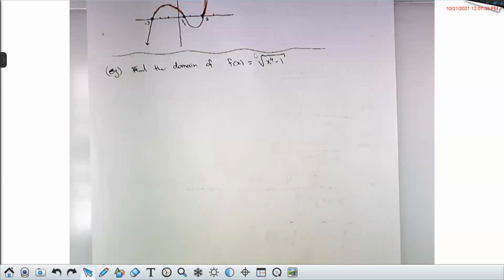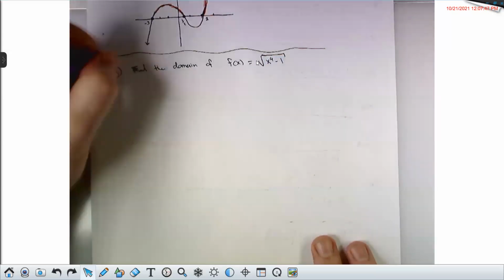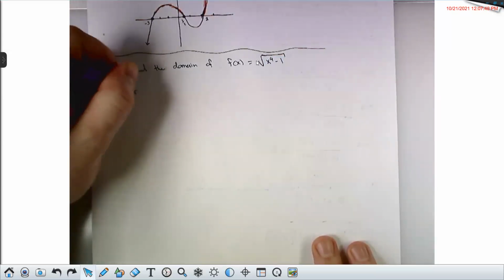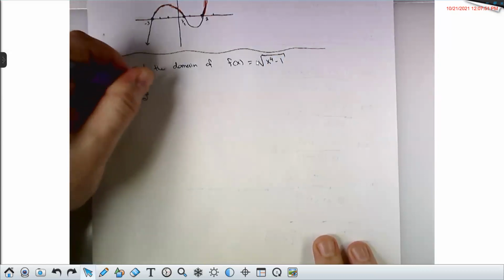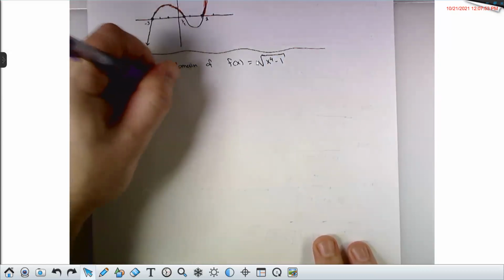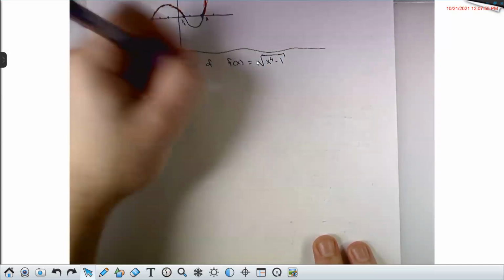Recall, if you have an even root with some variable stuff underneath, that's one of our domain red flags. So here, the red flag is variables under the square root.